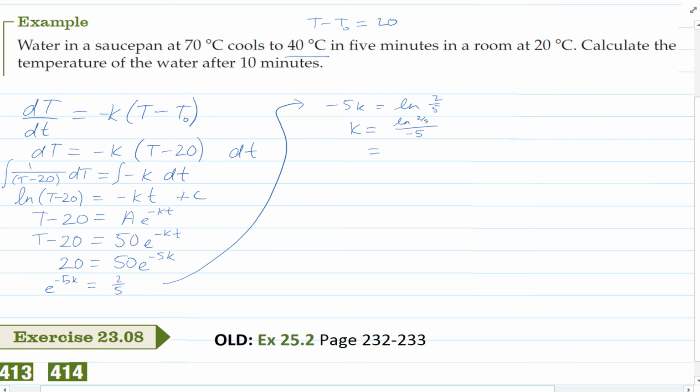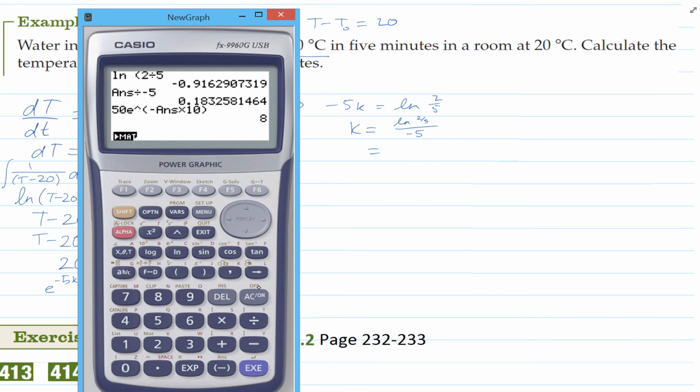In fact, I've worked it out earlier, and that comes out as 0.183.